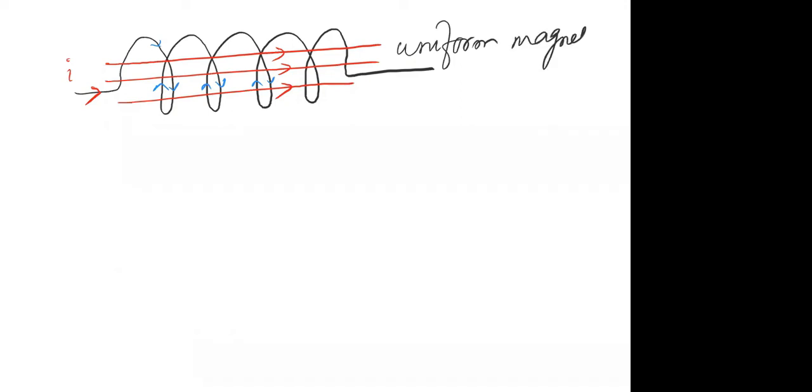Uniform magnetic field. Outside the solenoid, there exists some magnetic field, but because the strength of that magnetic field is very feeble, very weak, we don't consider that magnetic field, and we consider that outside the solenoid we have a magnetic field equal to 0. Outside the solenoid there is no magnetic field, although there exists a magnetic field.